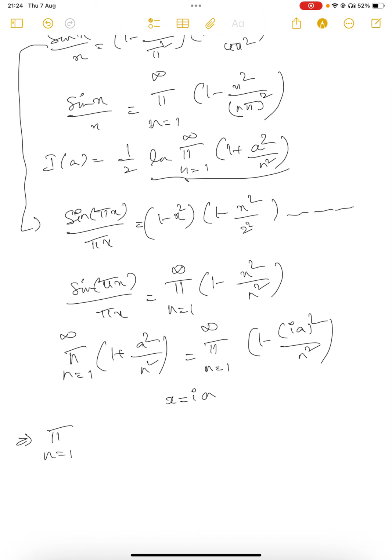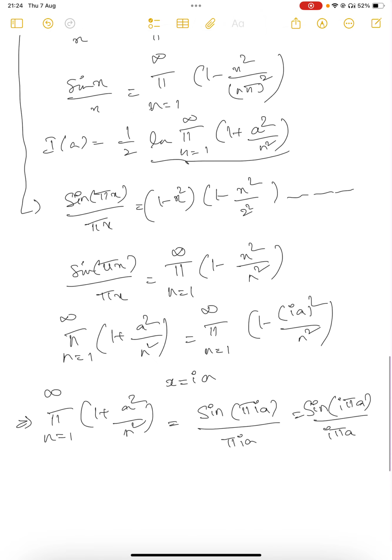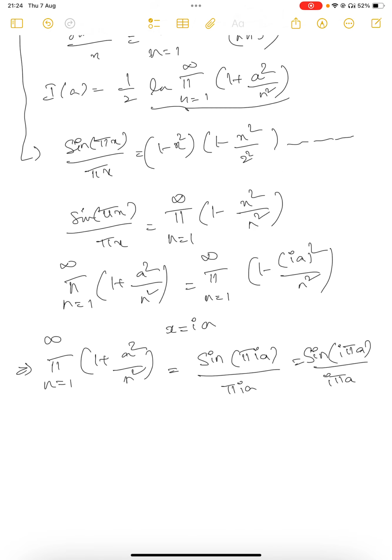Then product n equal to 1 to infinity 1 plus a square by n square is sine of pi, x value is ia, by pi ia. So this can be written as sine of i pi a by i pi a. Alright. Do you remember any formula from this? We know that sine of ix equal to i sinh x, right?